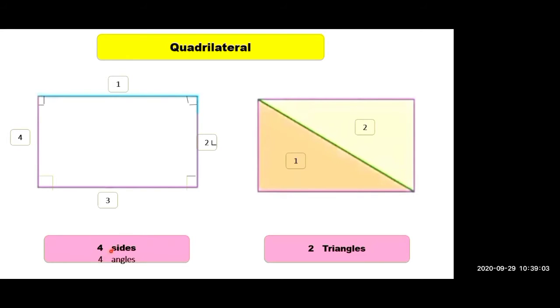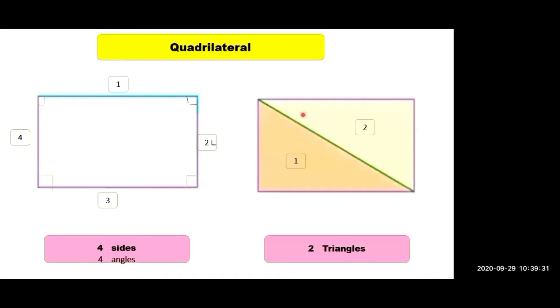So if we draw one diagonal line, okay, diagonal means a line segment that joins the opposite vertices. If we draw a diagonal line inside the quadrilateral, how many triangles are formed? Yes, 1 and 2.